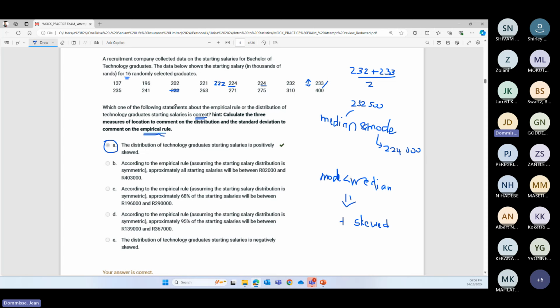Okay, so again, but here it would not have made a difference in my calculation with the median.